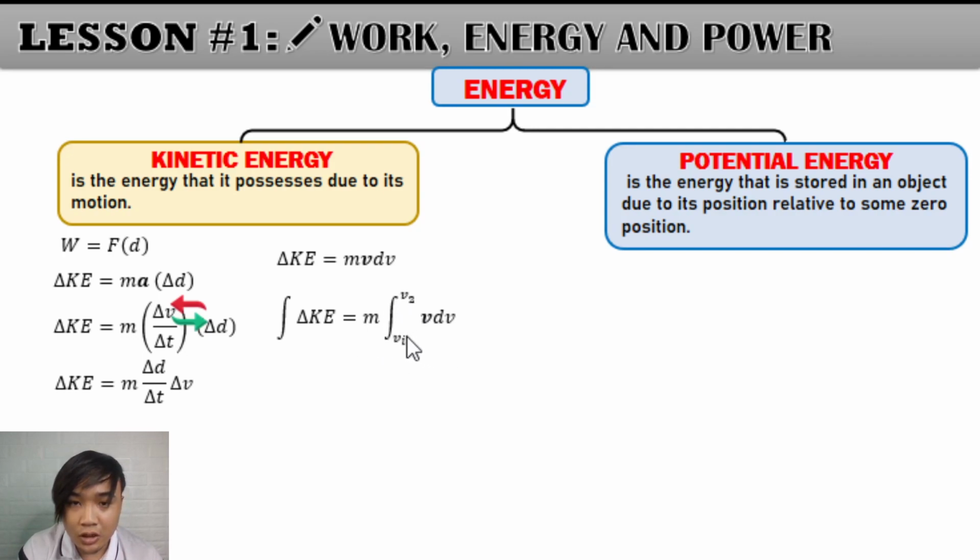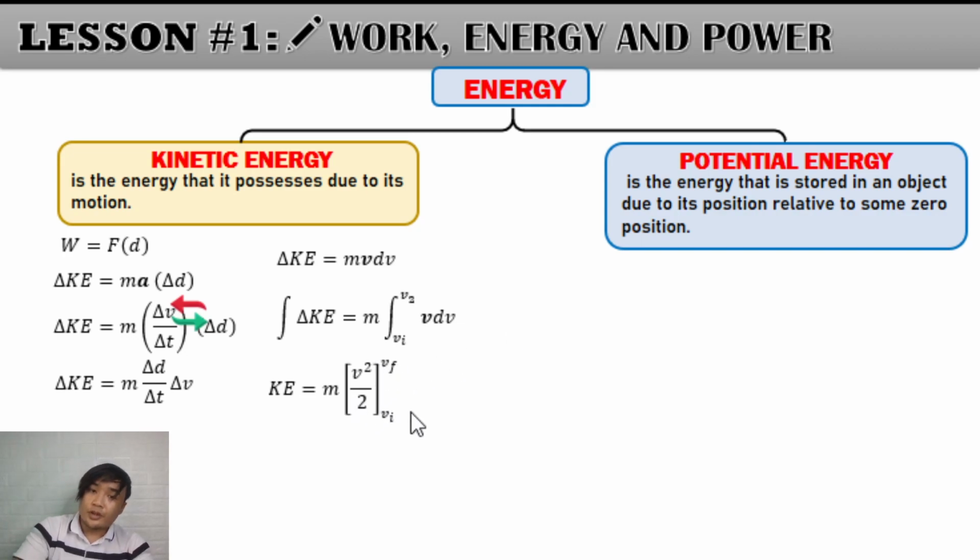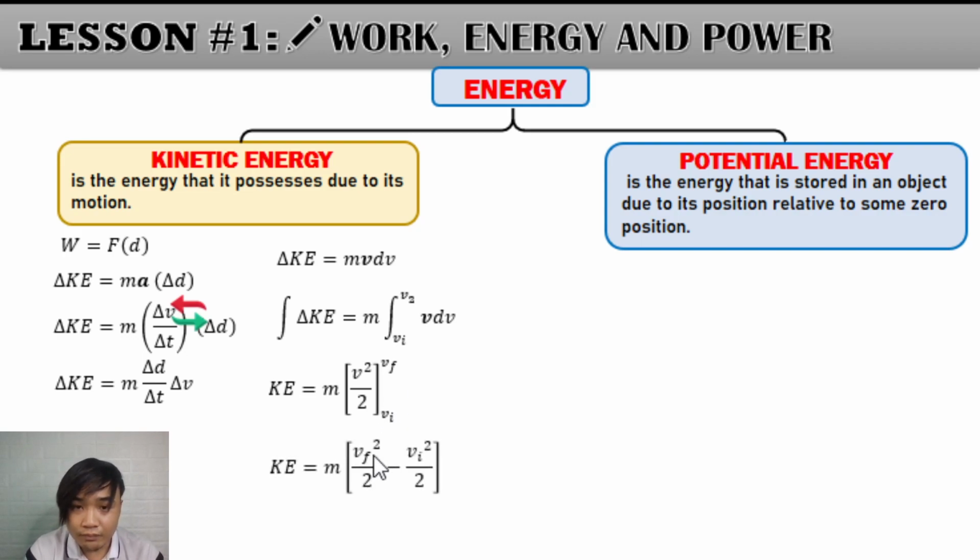The integration of v dv is just the chain rule, from initial velocity to final velocity. The integration of v dv is equal to one half v squared, with the mass constant. Substituting the values, we have v final squared over 2 minus v initial squared over 2.